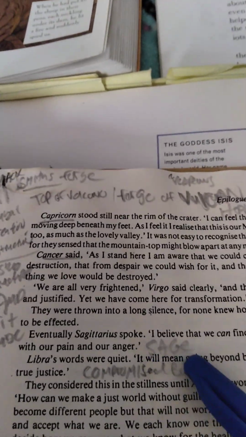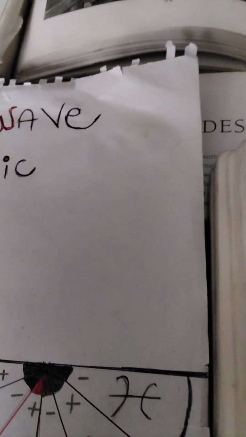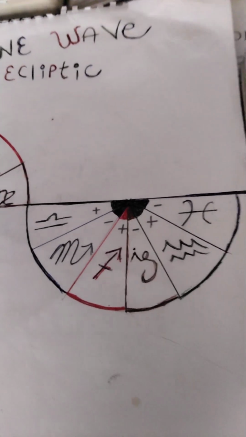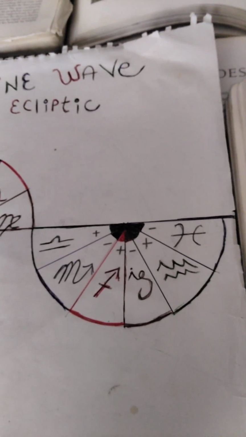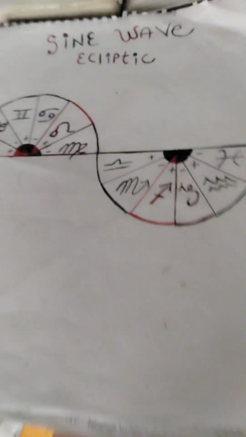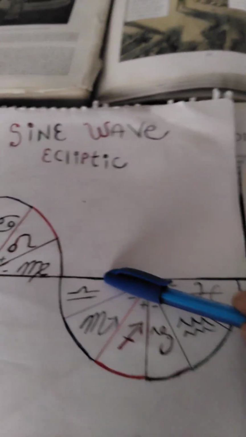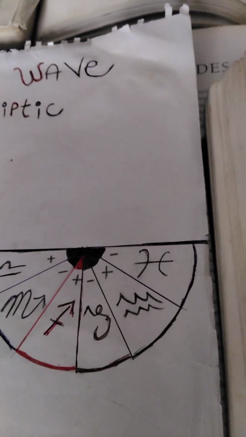Sagittarius said, I believe we can find a new way with our pains and our anger. Sagittarius is Jupiter, belief systems, ideologies. So we can transform that, right? Libra said it will mean going beyond blame to find true justice. Libra needs to find true justice and not blame the open enemies. Libra's open enemies. Find justice, Libra, the scales of justice.